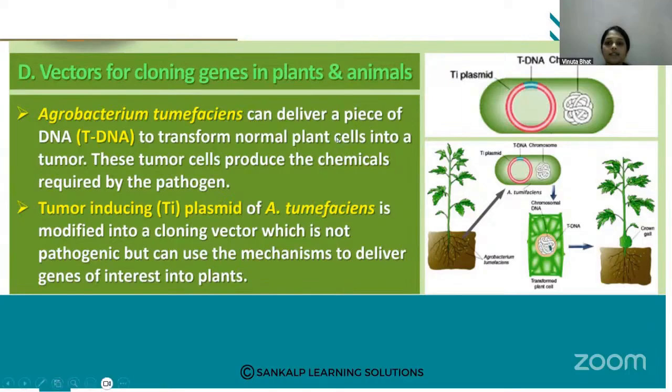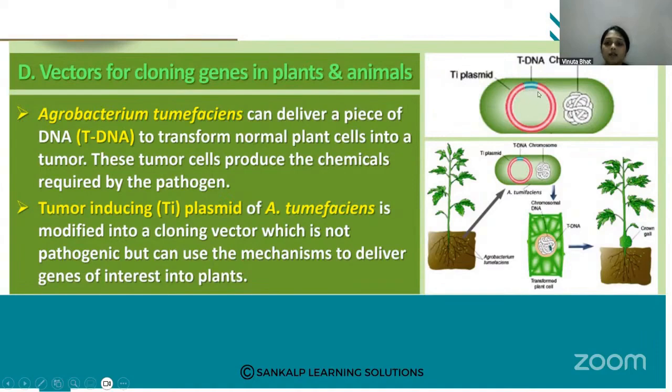So here is how the vectors are used for cloning genes in plants and animals. Agrobacterium tumefaciens, its plasmid is used to deliver genes inside plants. That is called the Ti plasmid.